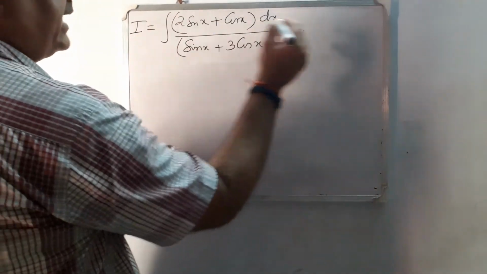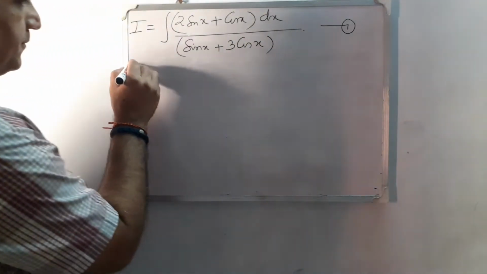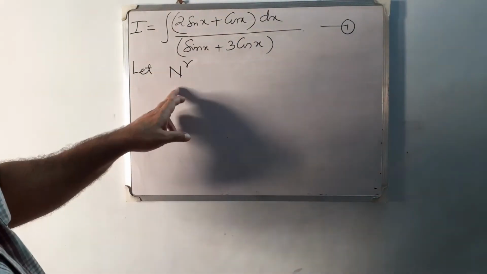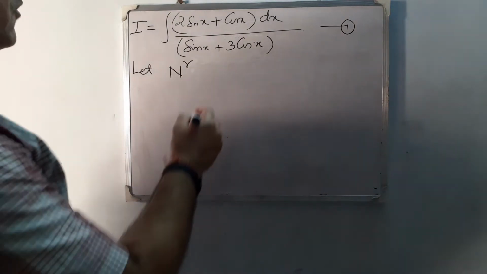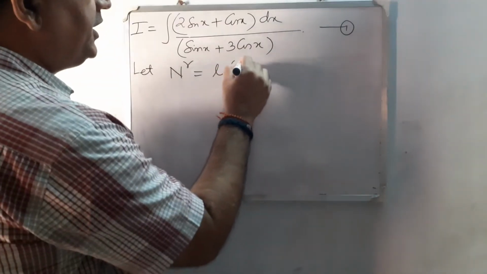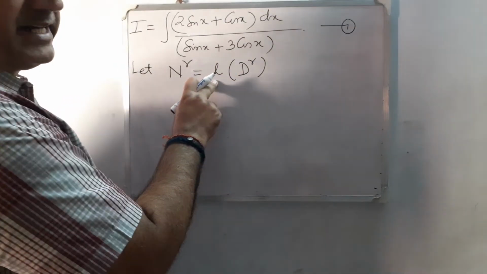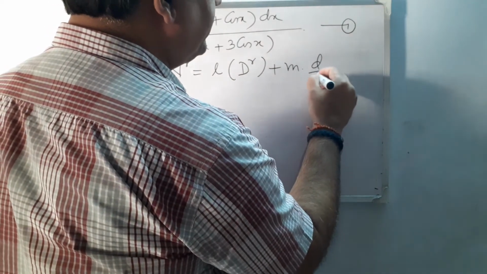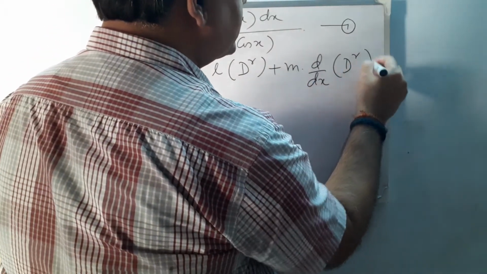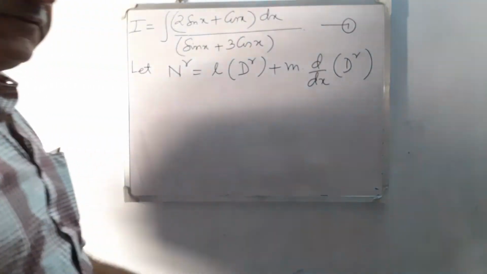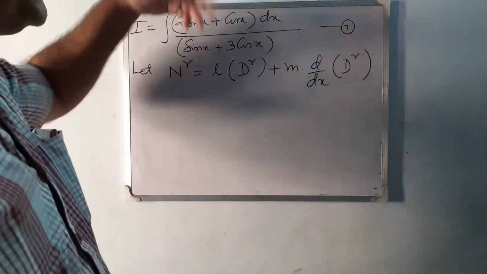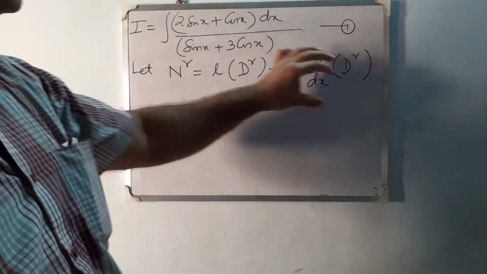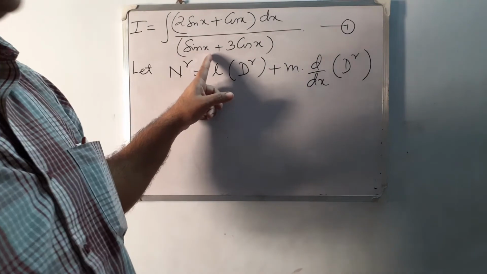First of all, take it as I. Number one, let numerator, that is N, be equal to L into denominator plus M into d/dx of denominator, where L and M are constants. Remember it. This is the rule which we have to follow. We have to express numerator in terms of denominator, and to do that we have a technique. If you operate this technique, this numerator can be expressed in terms of denominator.